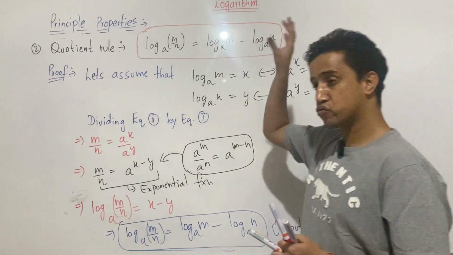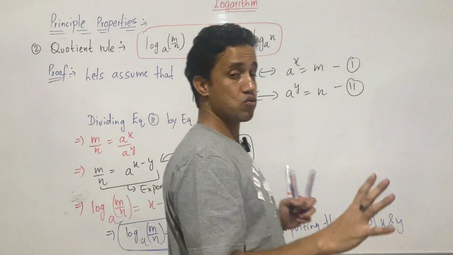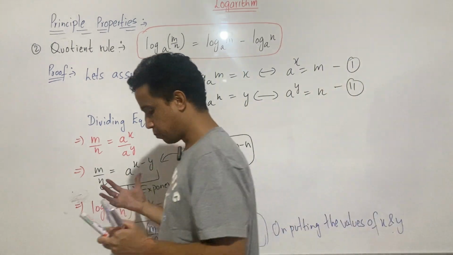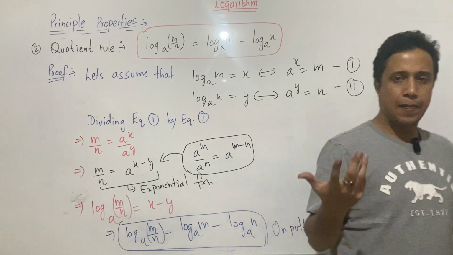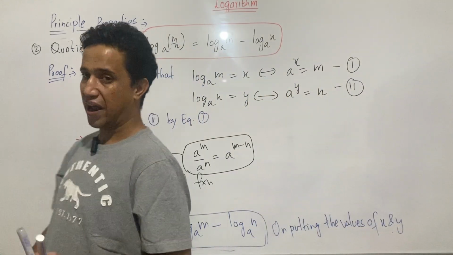This is the quotient rule, a very important property. So please try to memorize these properties, or when you work on its proof several times, then automatically it will stay in your head for long.